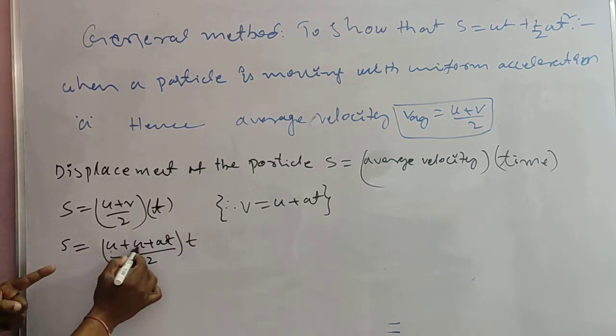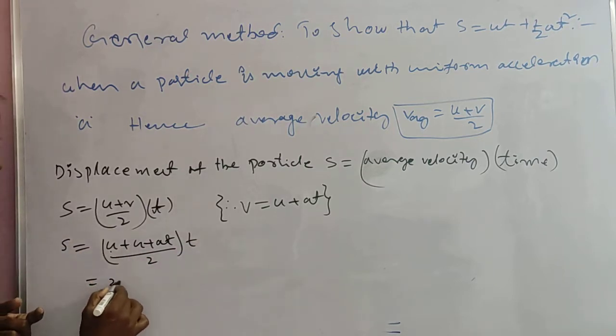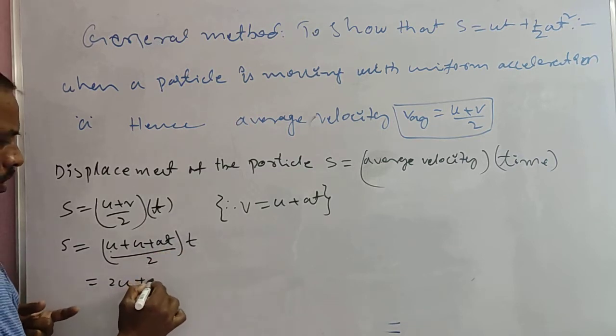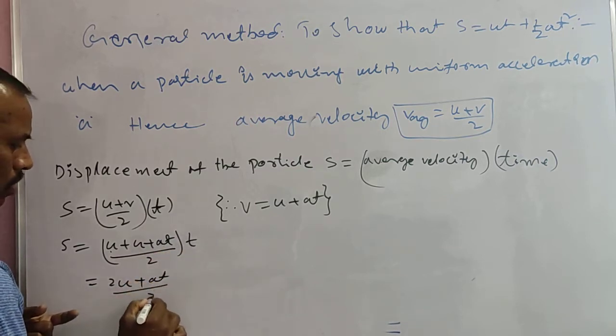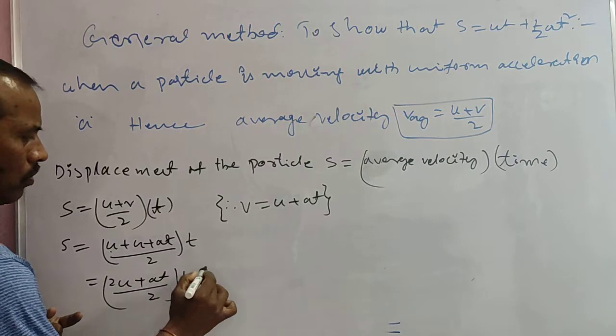Now u plus u is 2u, so s is equal to 2u plus at by 2 into t.